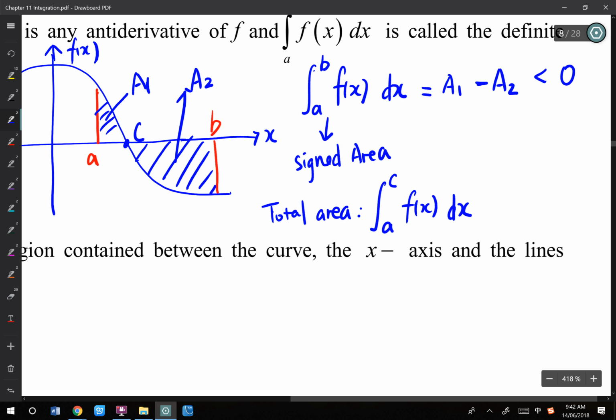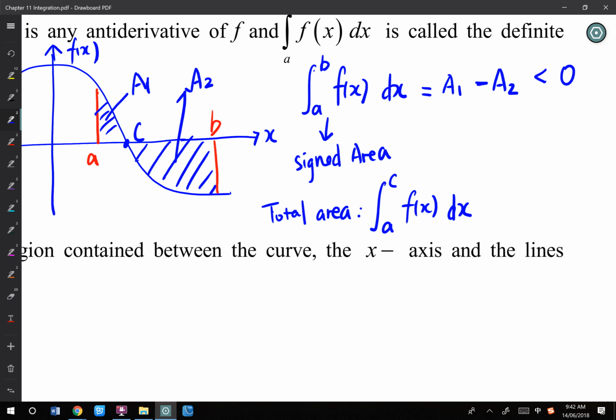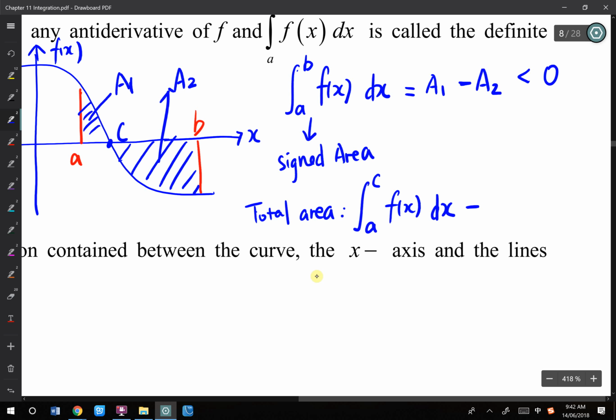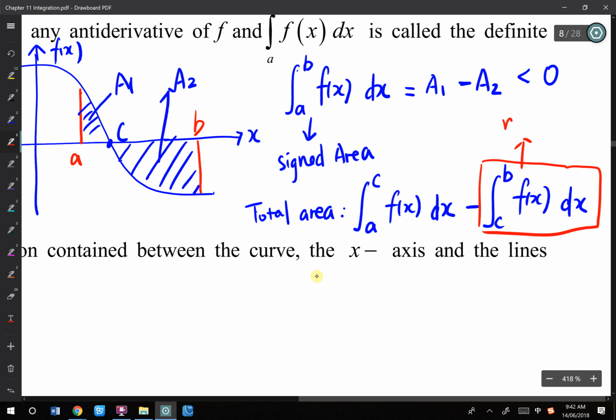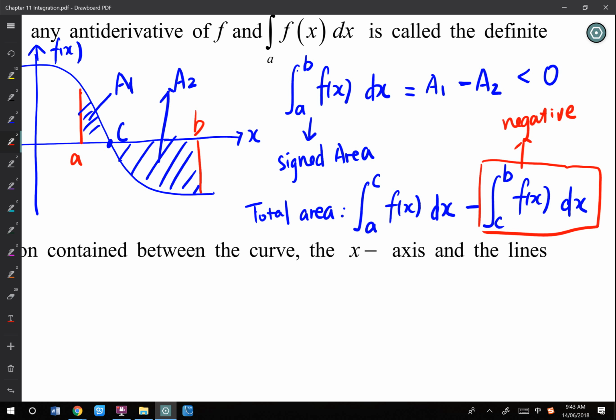That will definitely give me a positive area. And then I will minus the integral from c to b of f(x) dx. Because when you do this, it gives a negative number, and I minus this negative number, which is just plus the bottom area. In this case, I have a total area rather than a signed area. And most of the time, I need a total area.